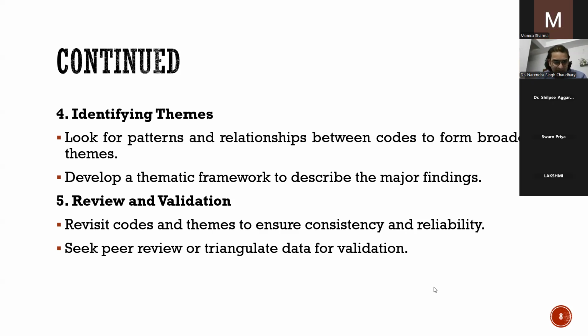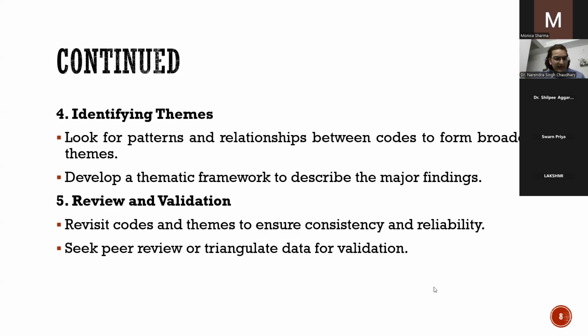Once that has been done, revisit codes and themes to ensure consistency and reliability. How are you going to do it? For example, you have done coding on your end, and then your other author is also doing the coding. Two or three researchers are doing separate coding.